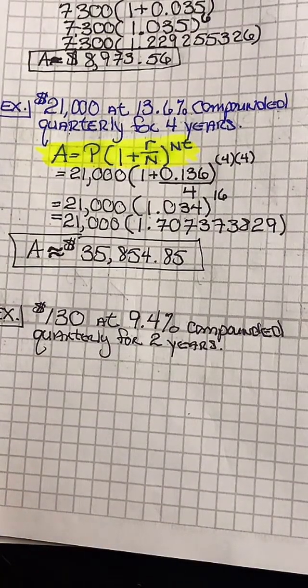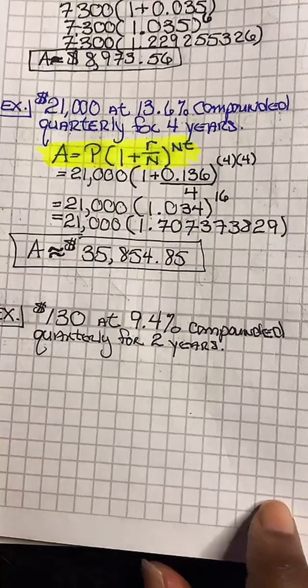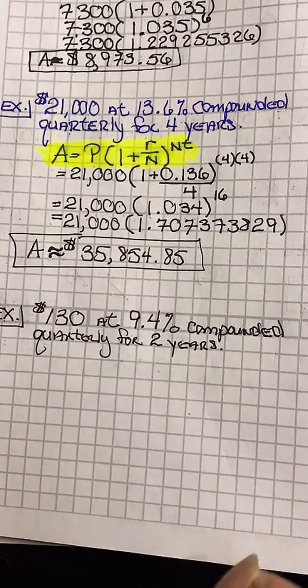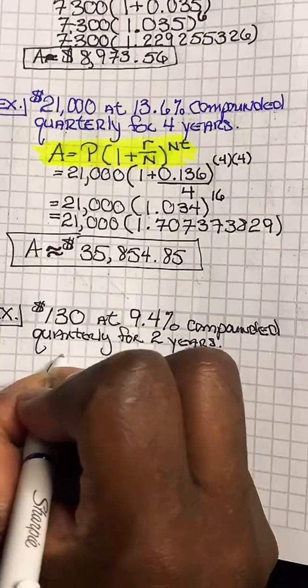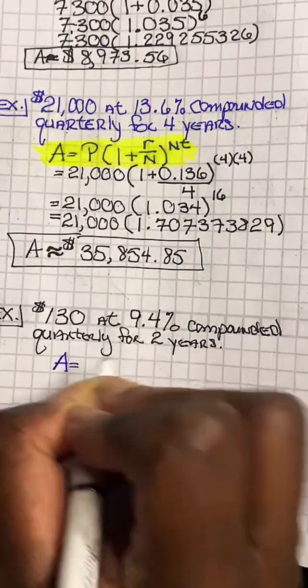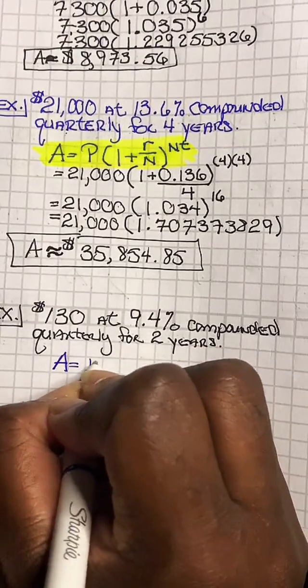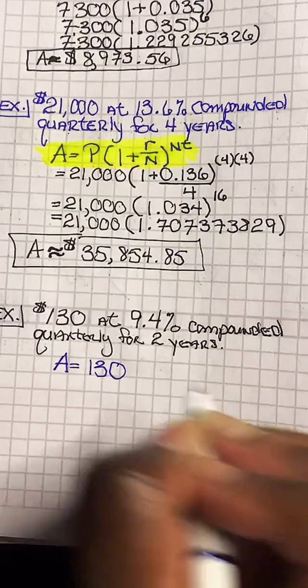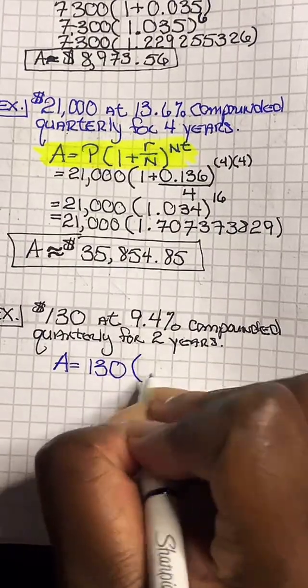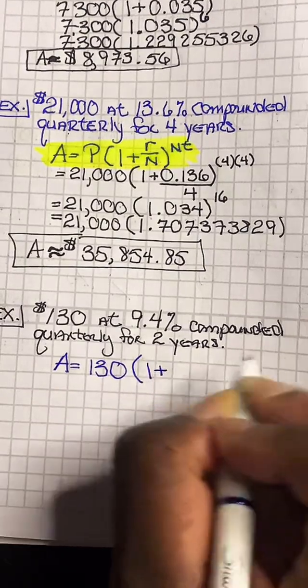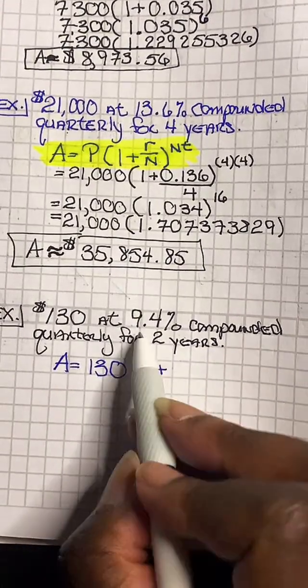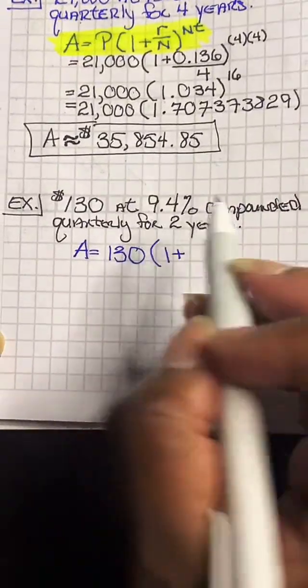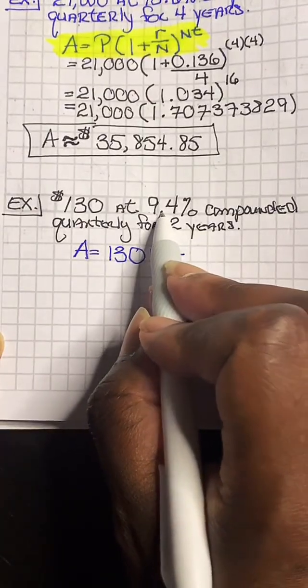Okay, and question mark, got you. All right, so this is how they're getting their answers. So remember, we have our A. So we got our principal, which was the $130. That's what we start off with. Then we do 1 plus the rate. Now, the rate, let me raise it up a little bit. The rate has a decimal in there.